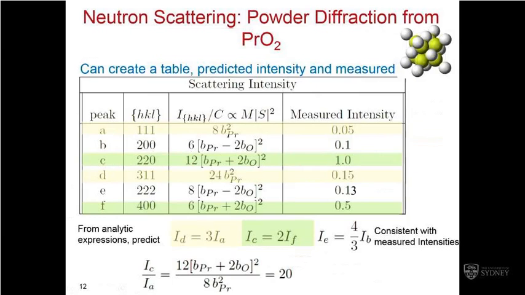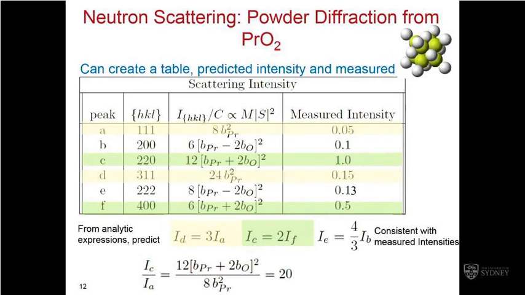Okay, so this is the important table that one can get. So if we concentrate on what we have here, these are the peaks that we have from our data. These are the HKL that we have determined from our measured data. Remember that the intensities were different heights, so those intensities are written down here.